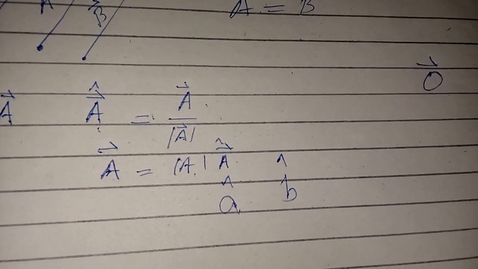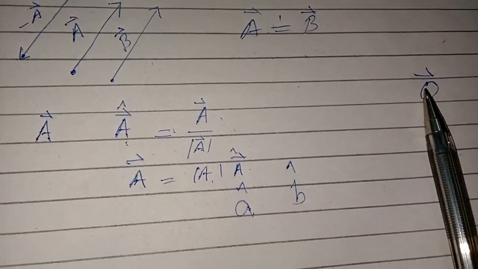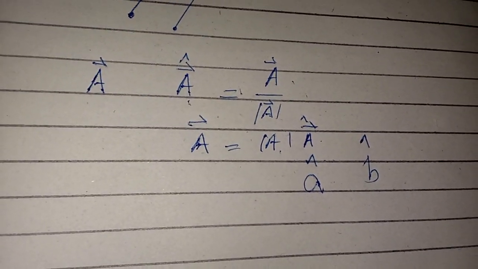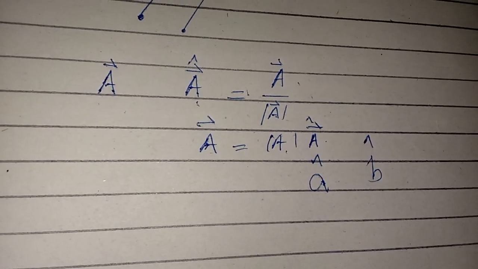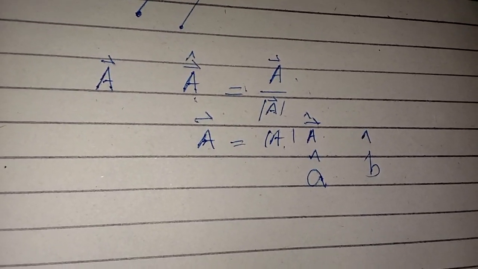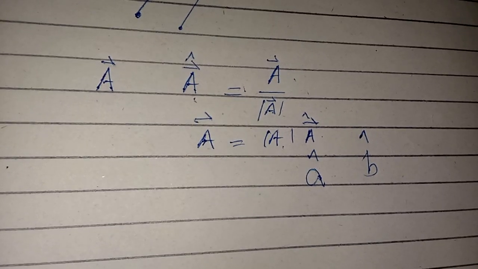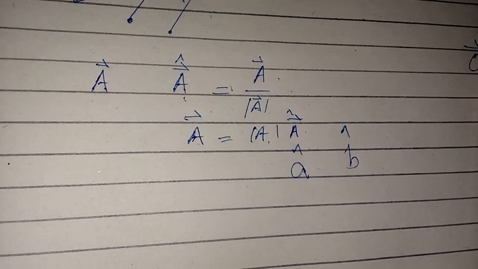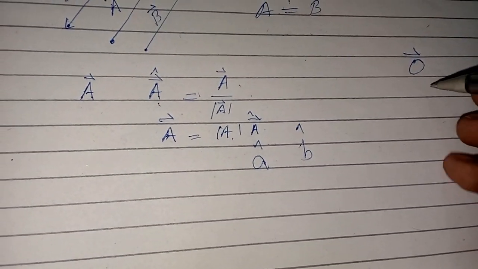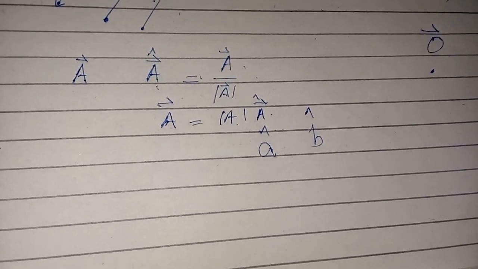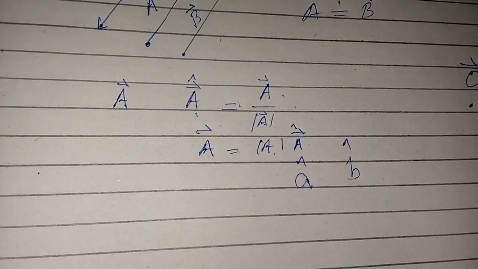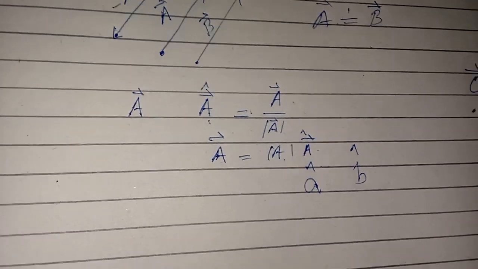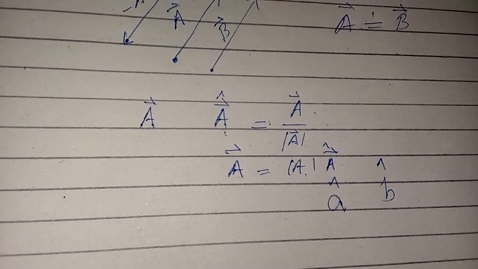A vector which has zero magnitude and no specific direction is called the zero or null vector and is denoted by vector 0. Geometrically, a null vector is represented by a point. It is the only vector we cannot represent as an arrow. A vector which is not null is called a proper vector.